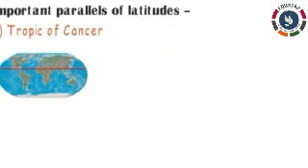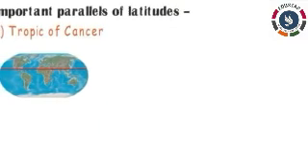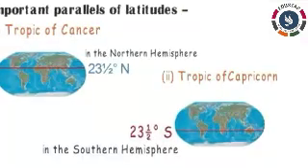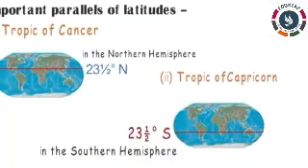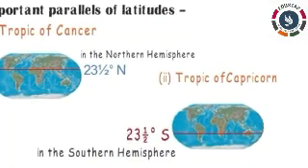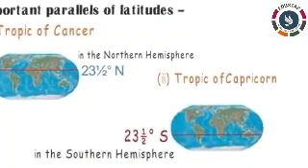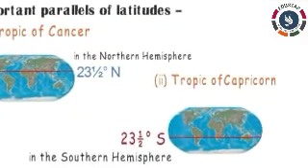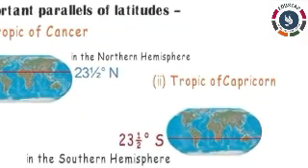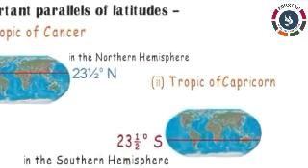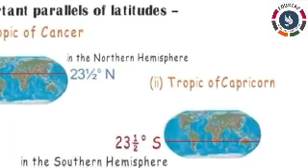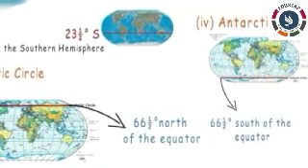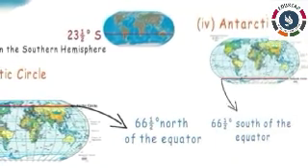Besides the equator, the North Pole and the South Pole, there are four important parallels of latitudes. The first one is Tropic of Cancer, 23.5 degree north in the northern hemisphere. The second one is Tropic of Capricorn, that is 23.5 degree south in the southern hemisphere.